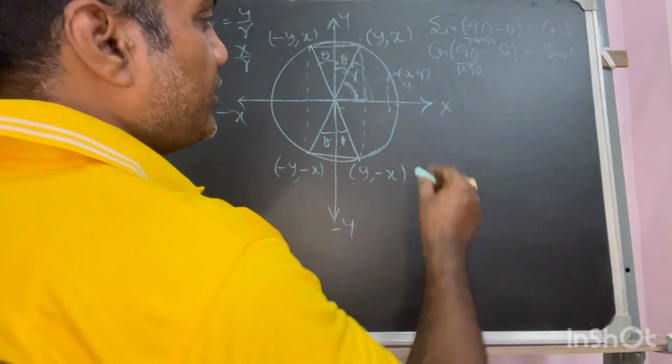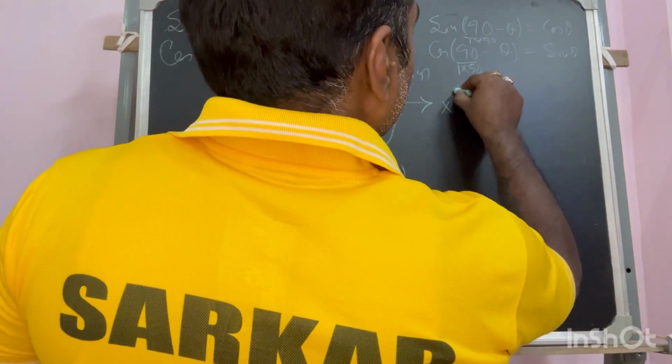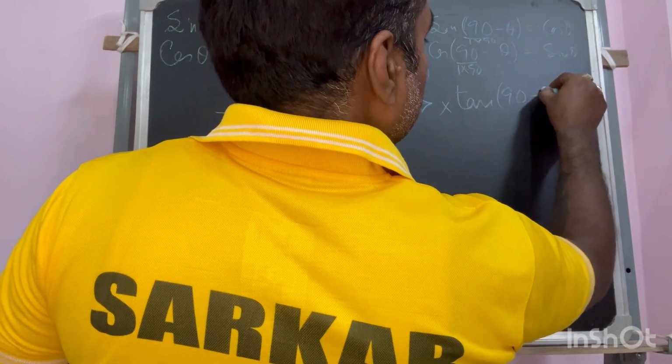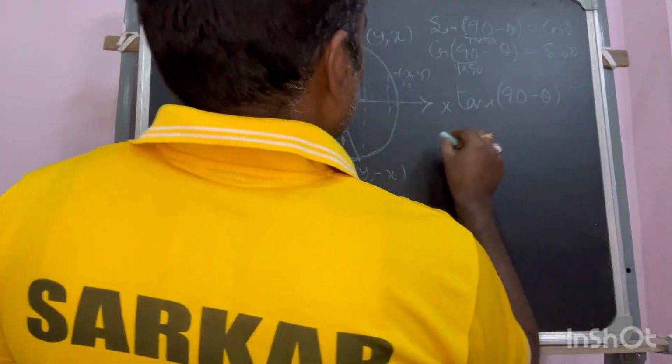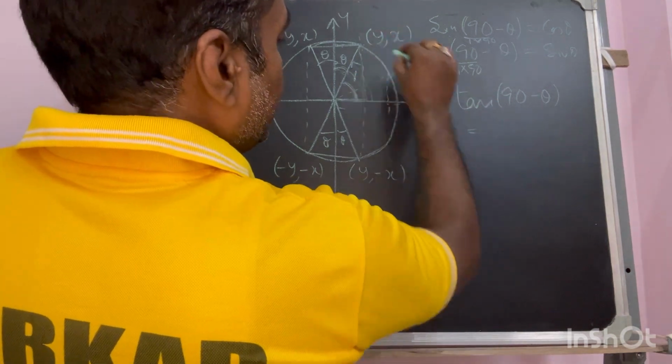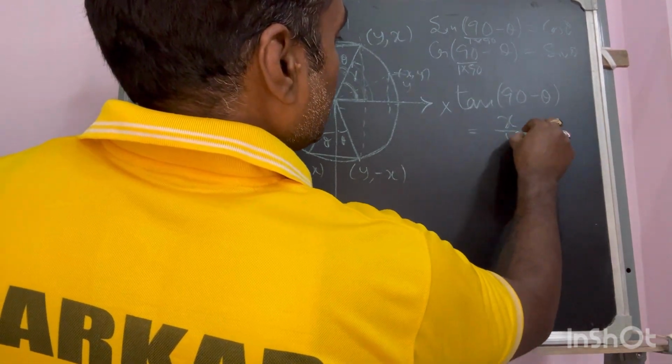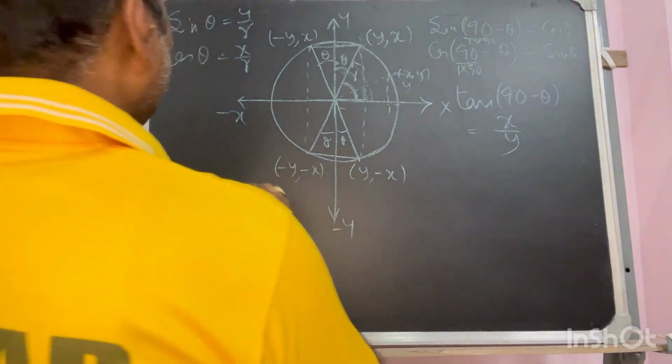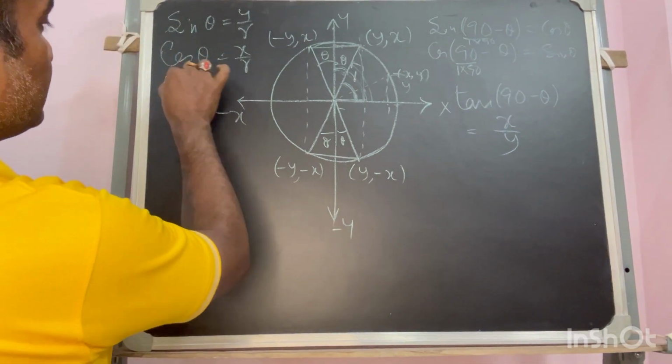If I consider tan of 90 minus theta, for this angle it will be how much? x upon y. But what was tan here?